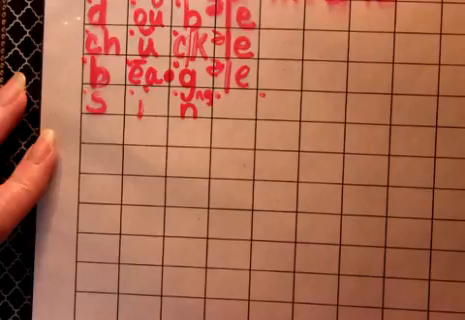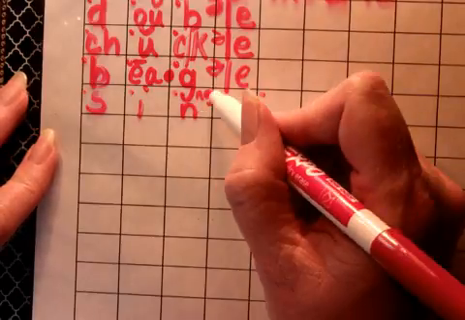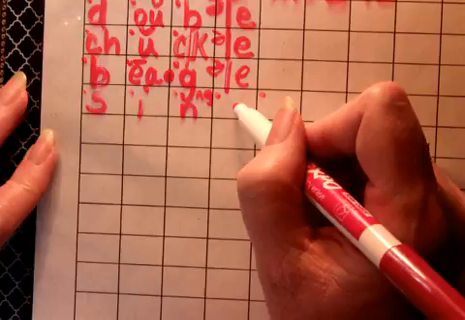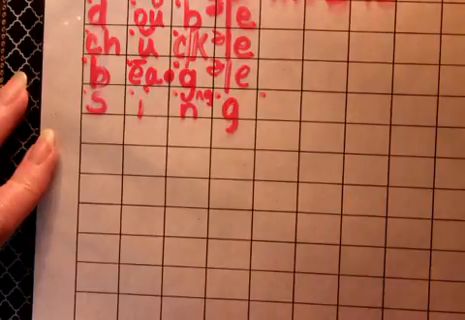My tongue is to the back. It's making the NG sound, but it is represented by the letter N. And I'm going to tell you why this N is saying NG: because of the G. Say G. You feel where your tongue is. It's in the back.